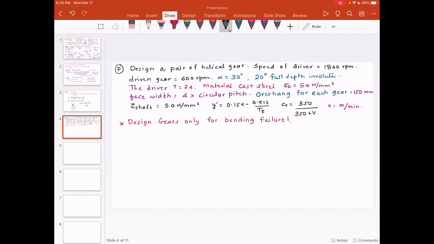We start. First and foremost, since gear and pinion are made of the same material, the pinion is weaker.